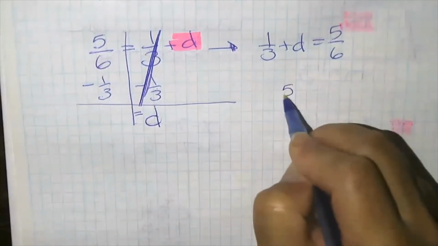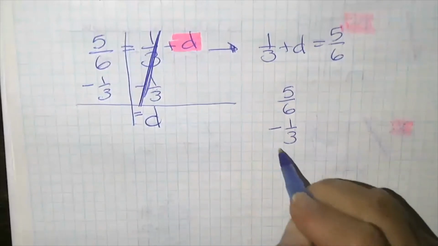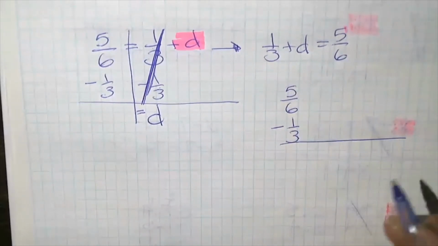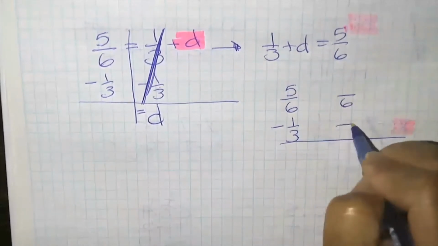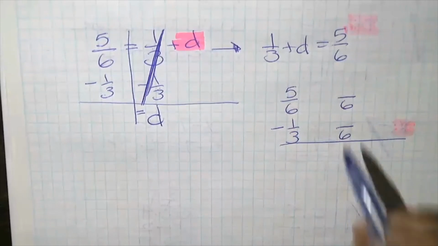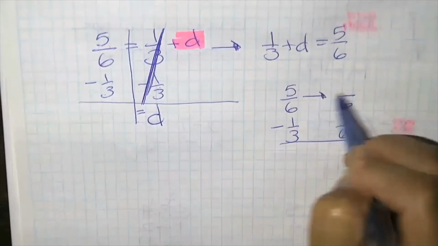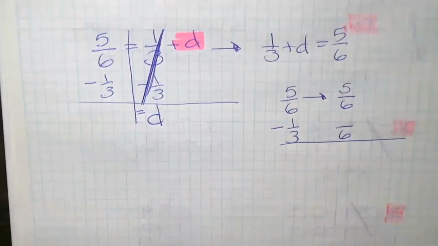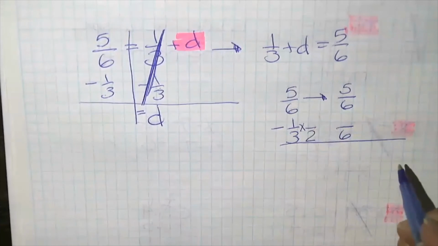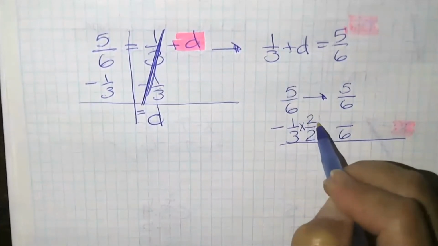So remember this from last week, 5/6 minus 1/3. What's my common denominator going to be? 6. So I'm going to bring 6 out here. Now, I don't have to do anything to 6 to make it 6. So this can come straight across. But here, I'm going to have to multiply this by 2. What I do to the denominator, I must do to the numerator.